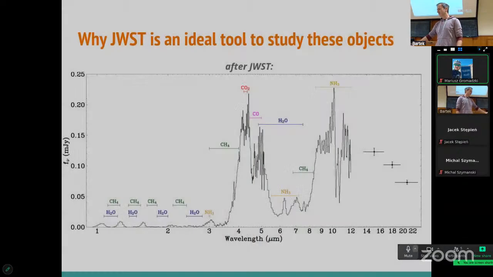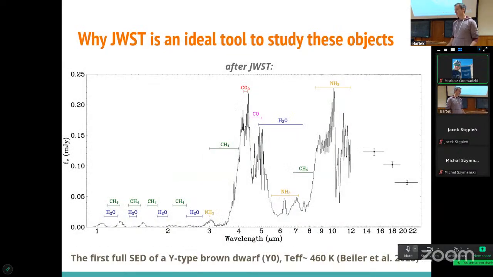To show why this instrument is a perfect tool to study these objects, here is one example spectrum of a Y-type brown dwarf, roughly 450 Kelvin. We could finally get a full SED and the emission of this object in the peak region around 4 to 5 microns.